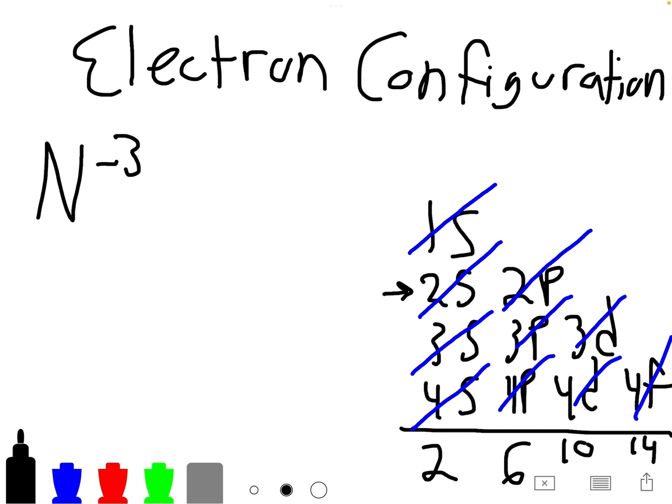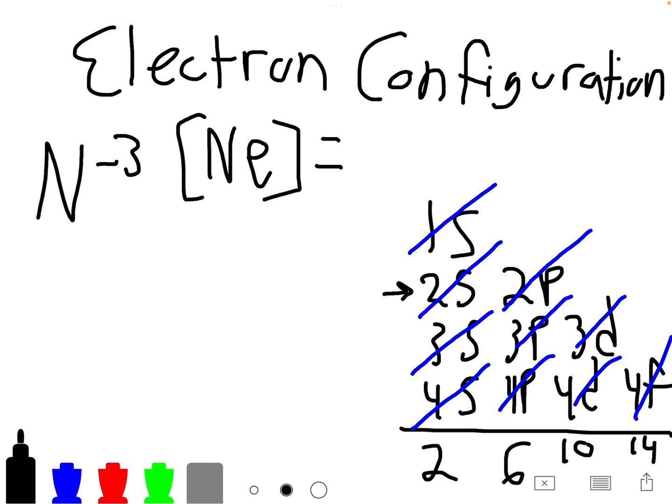So put it up here, you put it in brackets, and then you do the configuration for neon. You just take neon and you break it down.